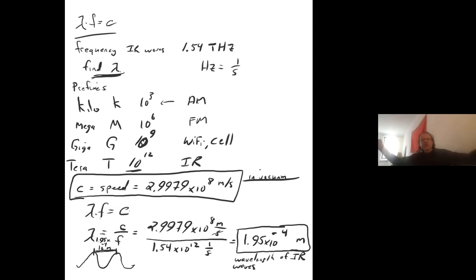A meter is about a yard, 39 inches, 100 centimeters. A tenth of a meter, 0.1 meter, is about that big. That's a decimeter. Almost no one uses decimeters. And then a centimeter is a hundredth of a meter, so a tenth of a decimeter. So a centimeter is about that big. And then a millimeter is a tenth of a centimeter, so a millimeter is about that big.